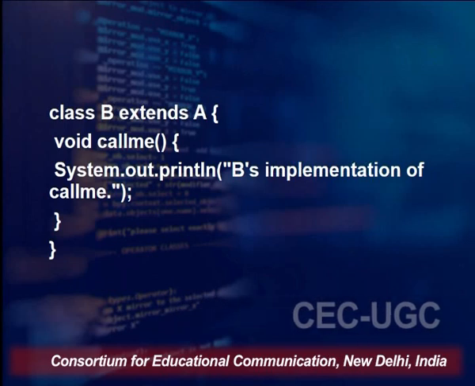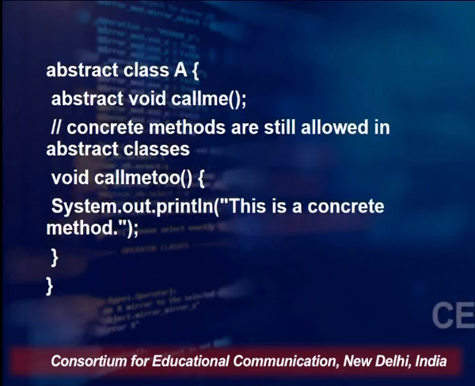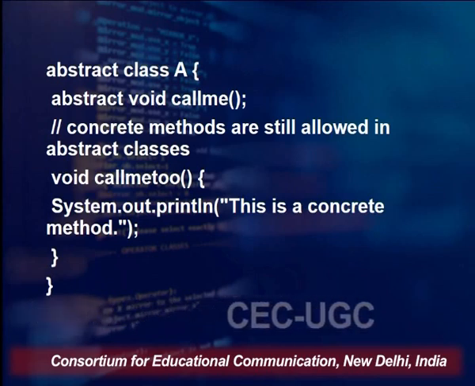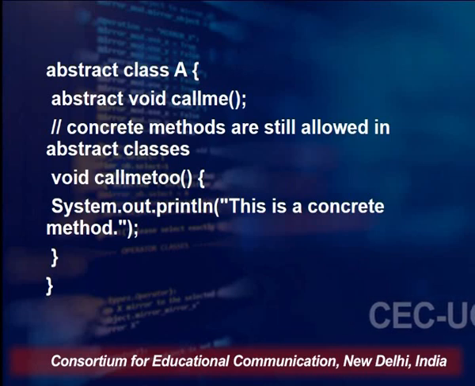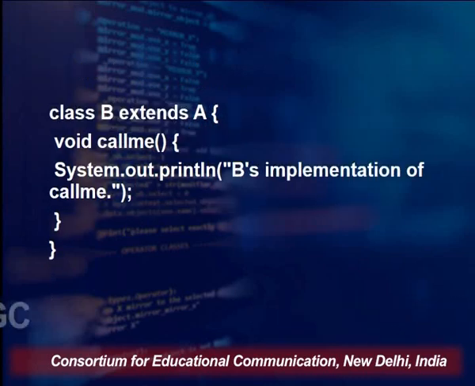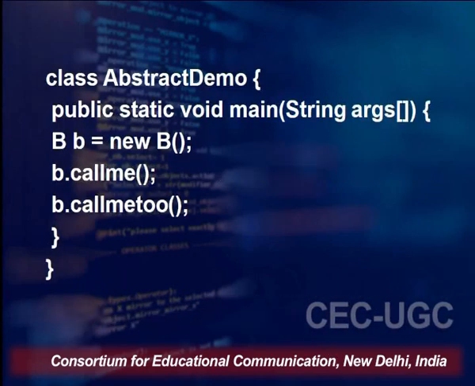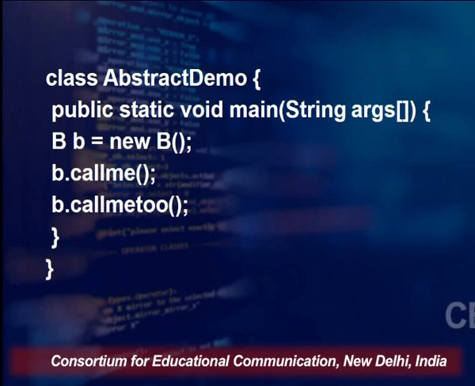The function callme2, which was available inside class A, is also inherited by class B. So now class B has two functions, callme2 and callme, and we call these two methods using the object b, so b.callme and b.callme2.